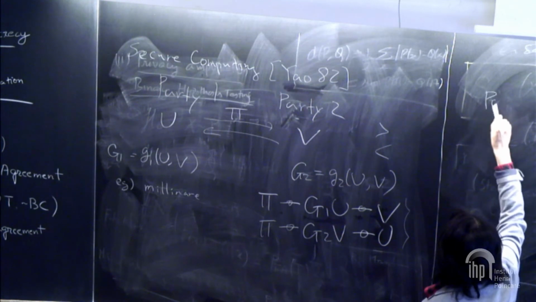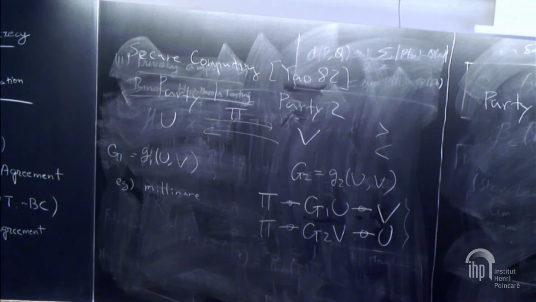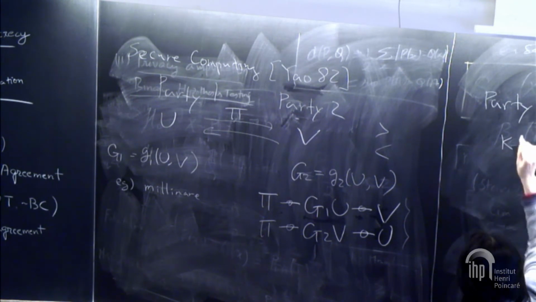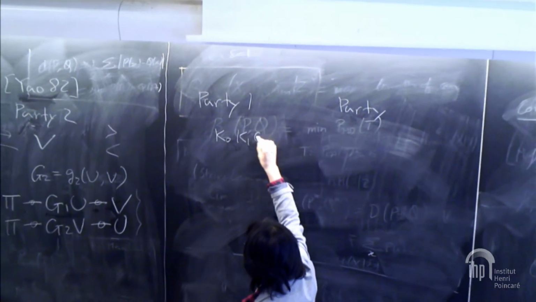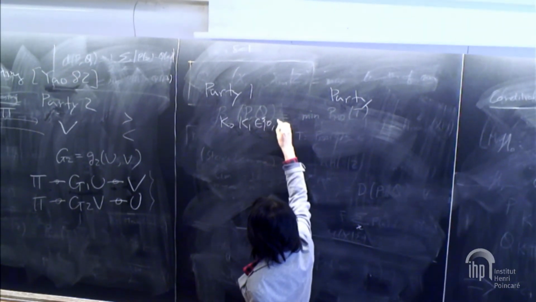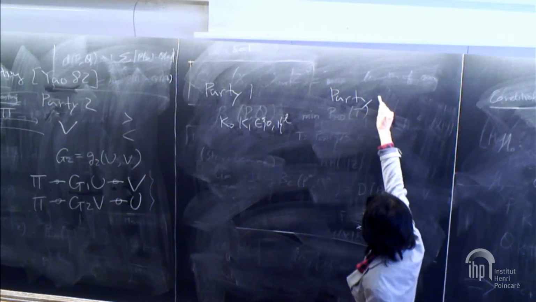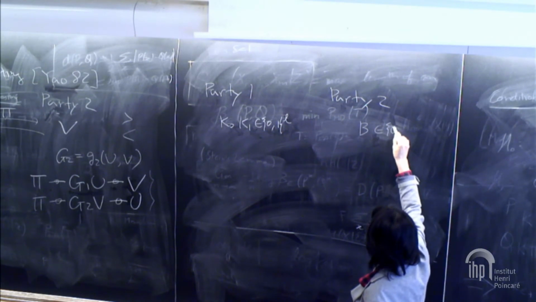A particularly important function is called oblivious transfer. So what is oblivious transfer? For oblivious transfer, party 1's observation is two binary strings of length L, and the second party's observation is just a single bit.